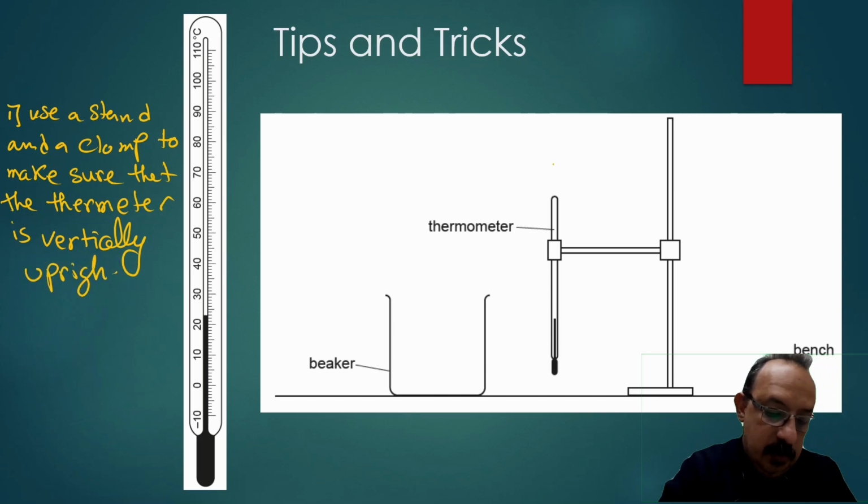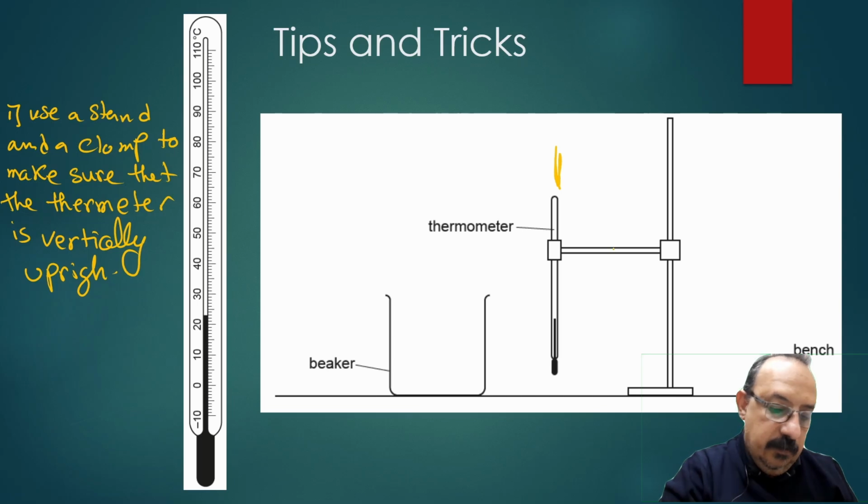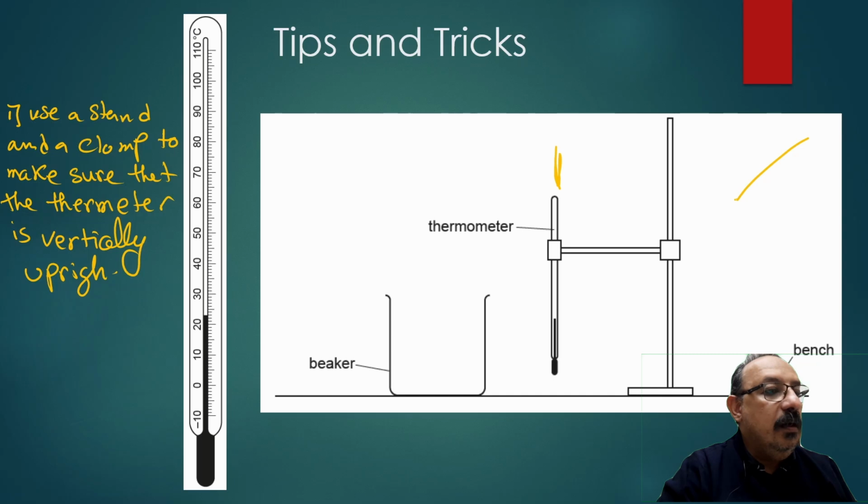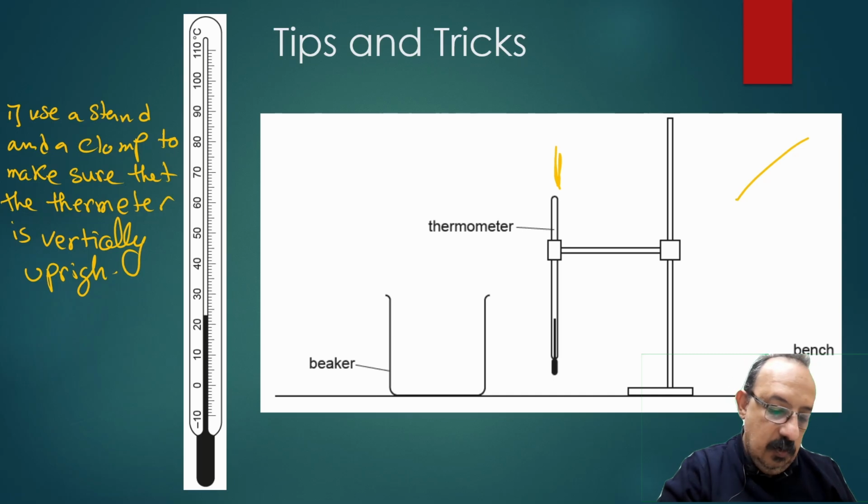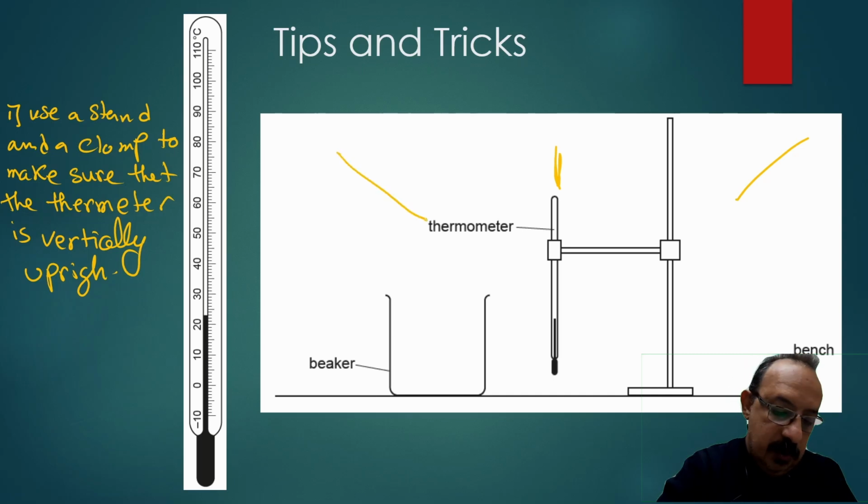So we need to make sure that the thermometer is always vertically upright. We don't use the thermometer while it is like this or like this. Always make sure the thermometer is vertically upright.